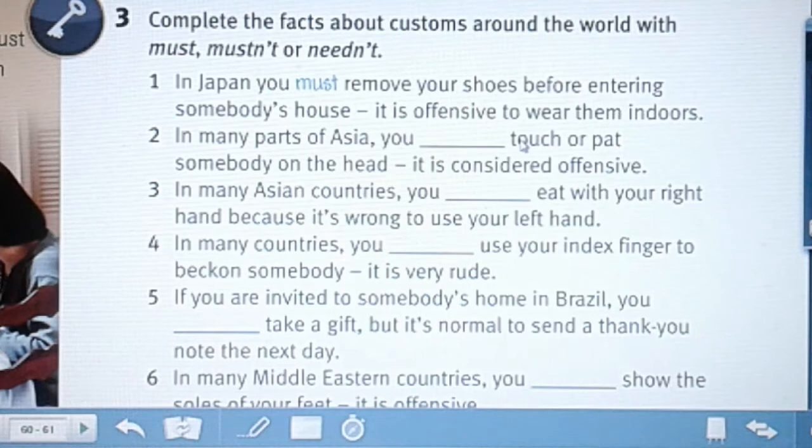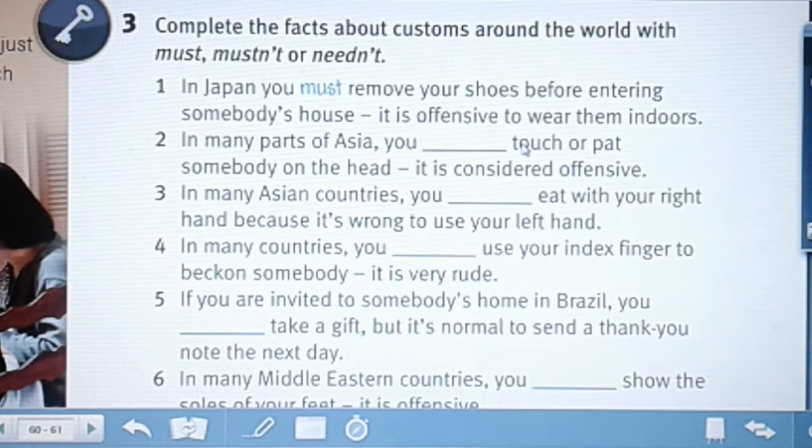You need to complete the facts about customs around the world with must, mustn't, or needn't. For example, number 1. In Japan, you must remove your shoes before entering somebody's house. It is offensive to wear them indoors. By completing this part, you can actually learn about several customs around the world.